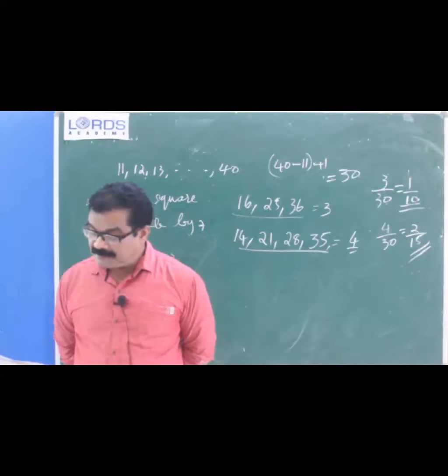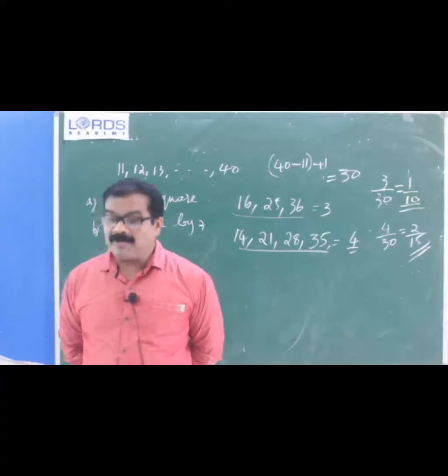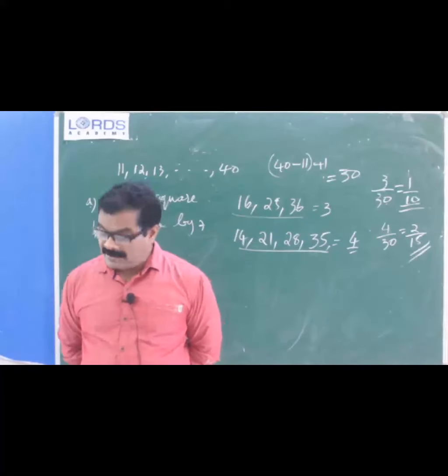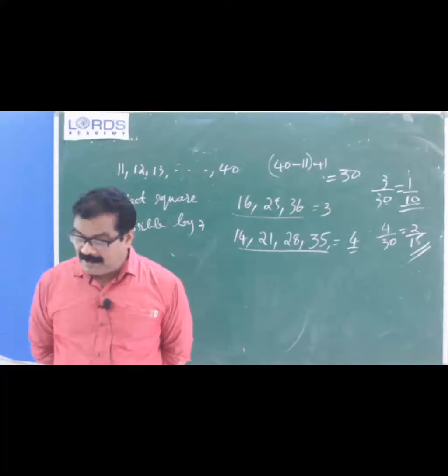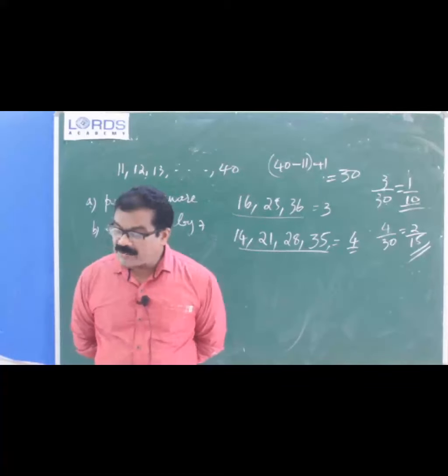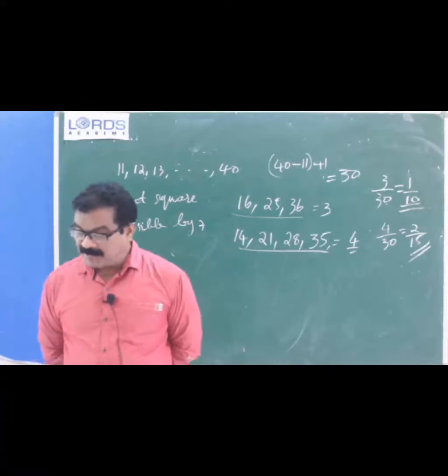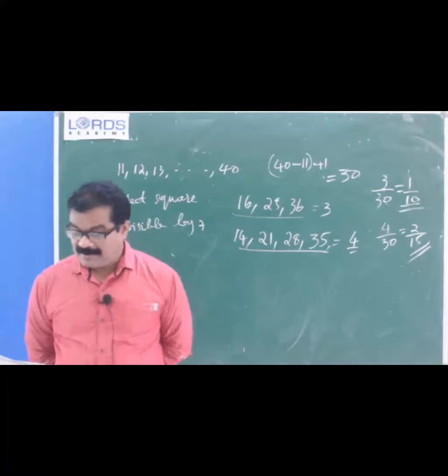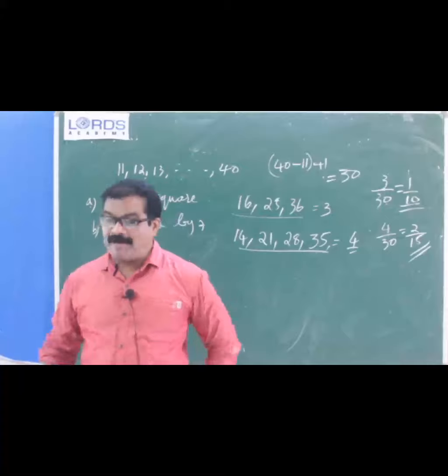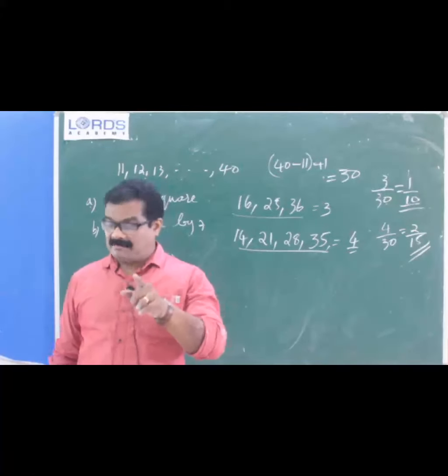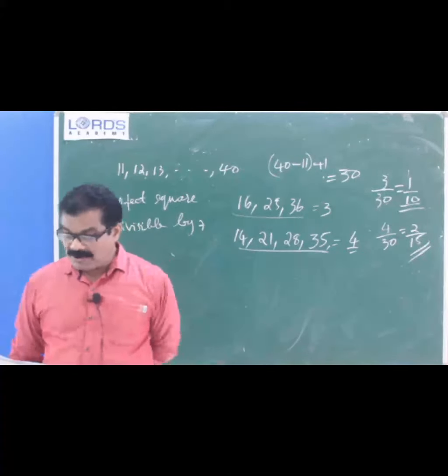Then what will be the probability of getting a green ball? 9 by 20. Very good. Then the probability of getting a white or a red ball? The number of favorable cases is 5 plus 6, 11, so 11 by 20.